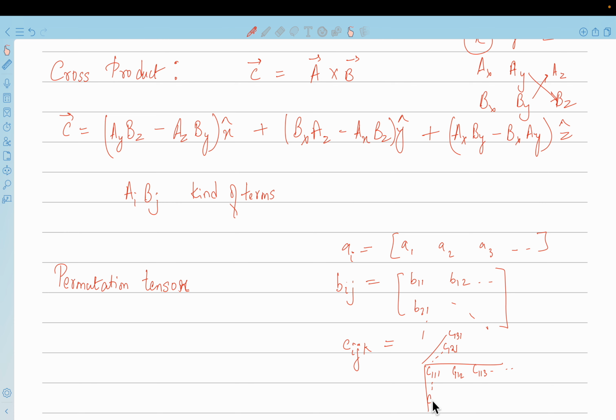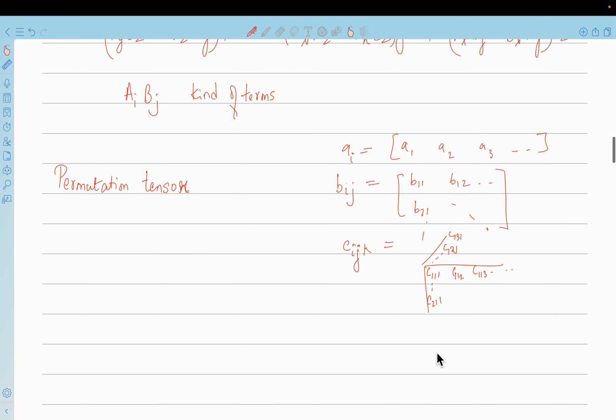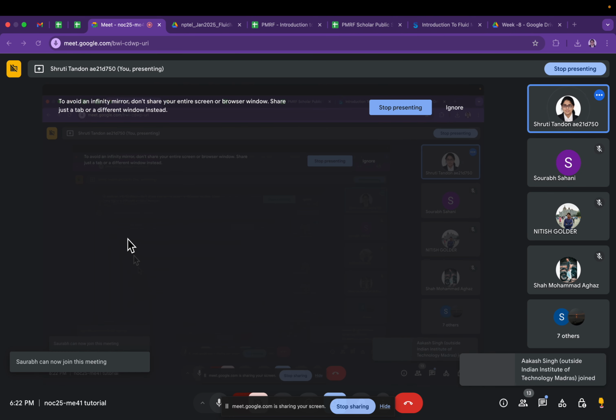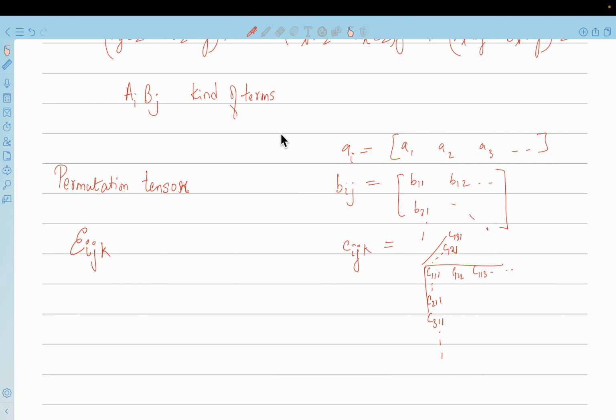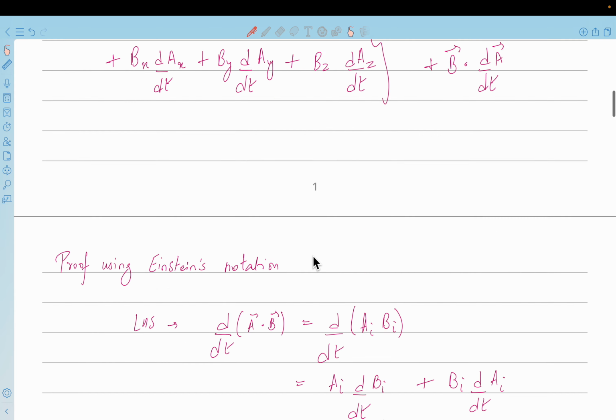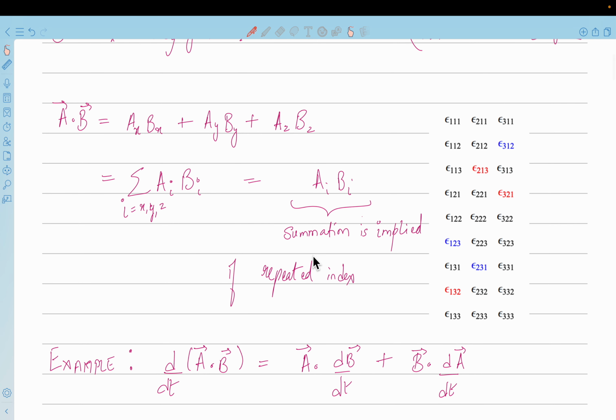Here you will have C211, C311 and so on. Okay, so you can imagine that you are filling a three-dimensional matrix, and that's what this tensor is. So we are going to discuss a permutation tensor, which is denoted as epsilon ijk. Okay, now this permutation tensor has some properties which I had copied here.